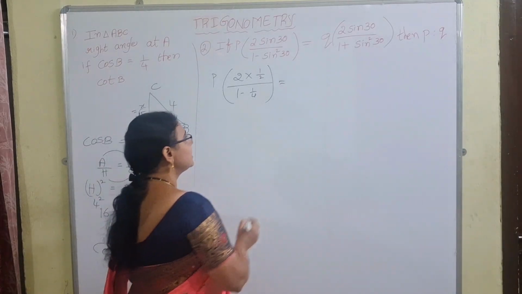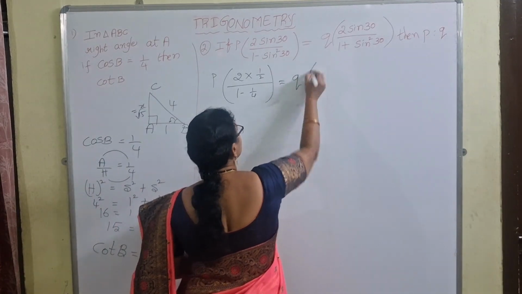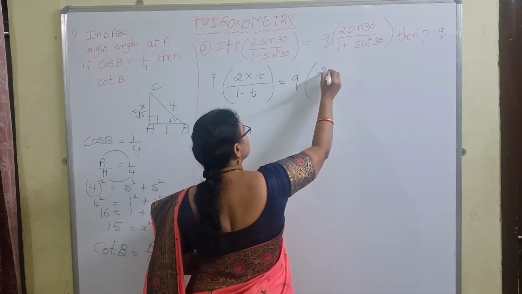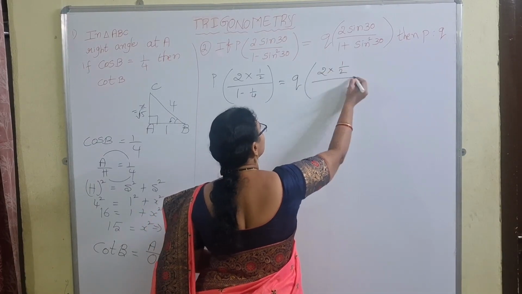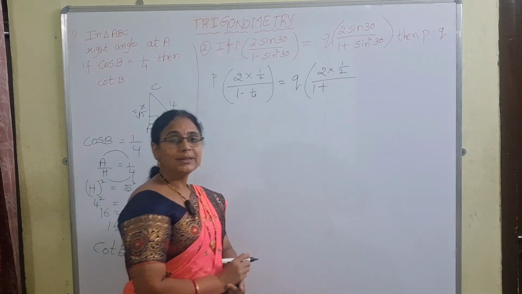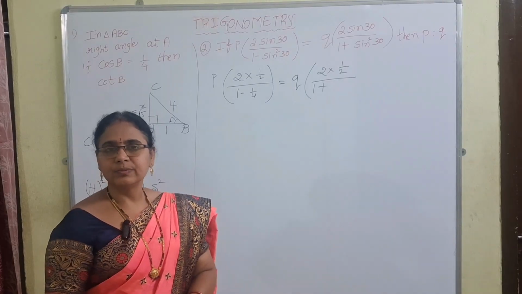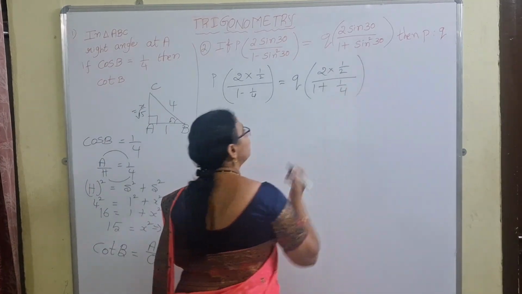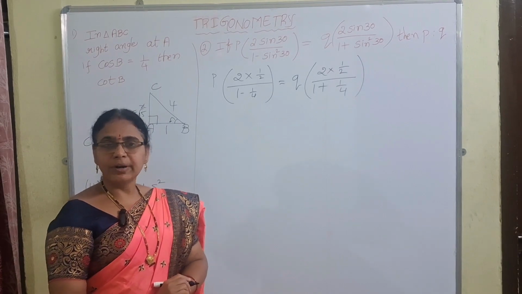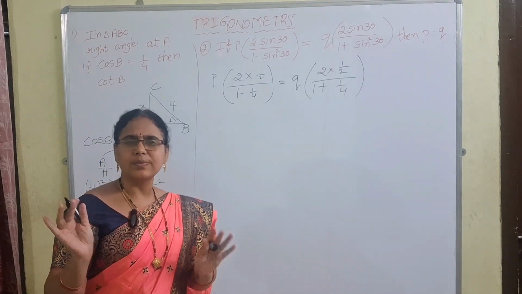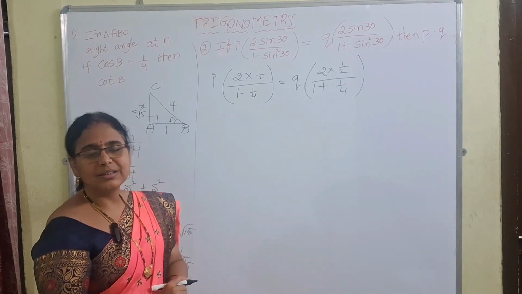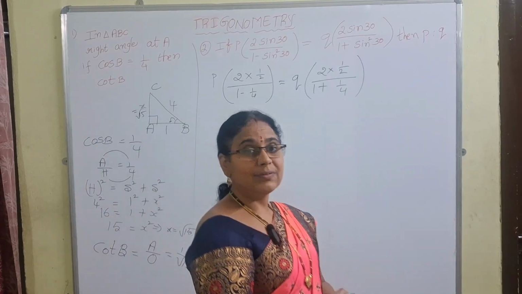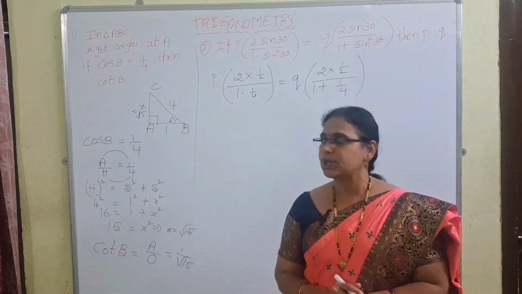This is equal to Q into 2 into sine 30, 1 by 2, by 1 plus sine square 30. 1 by 2 whole square is nothing but 1 by 4. In the first step, you just substituted the values. Sine 30 means 1 by 2, and you substituted that in his question.